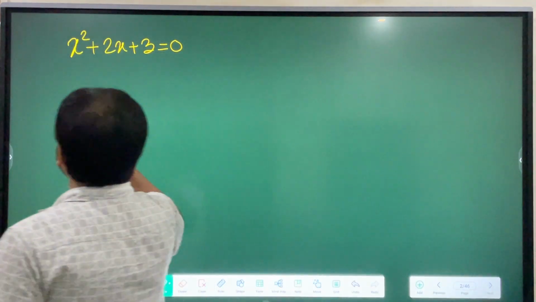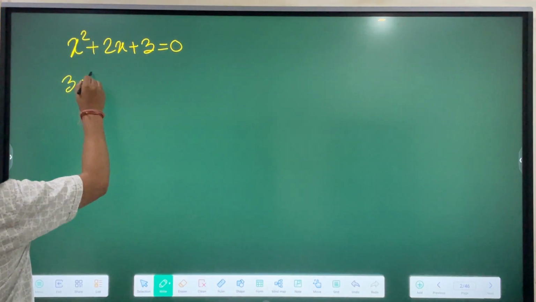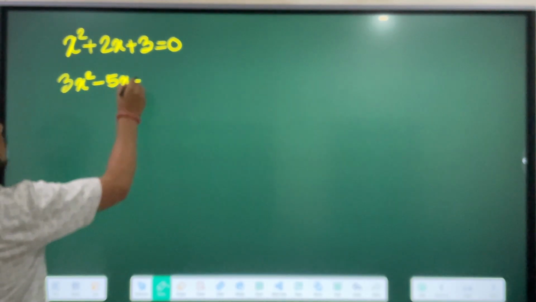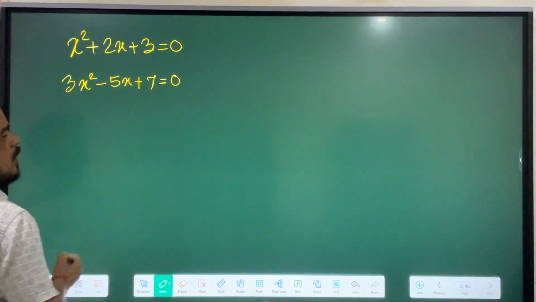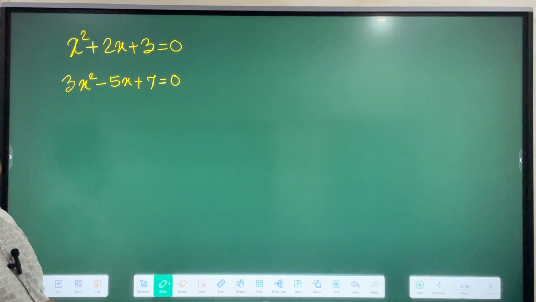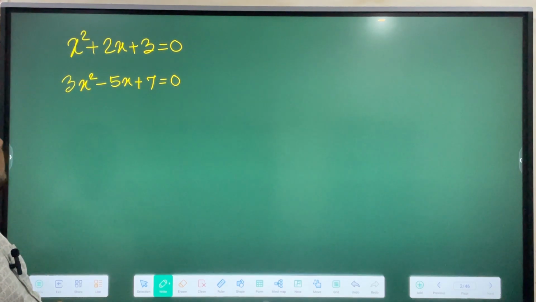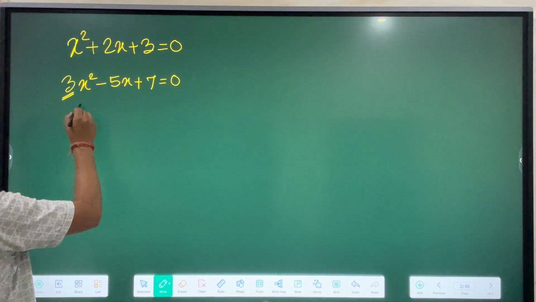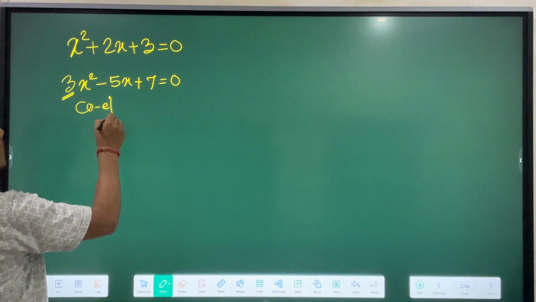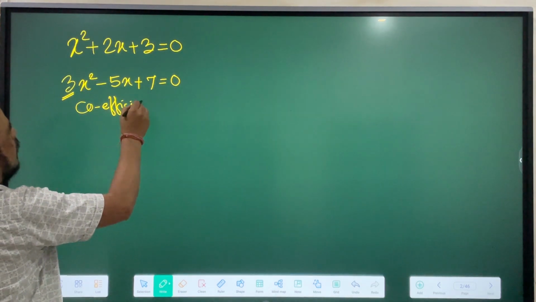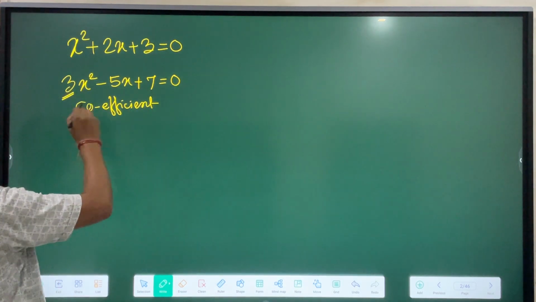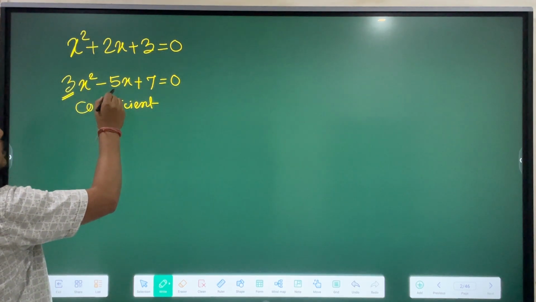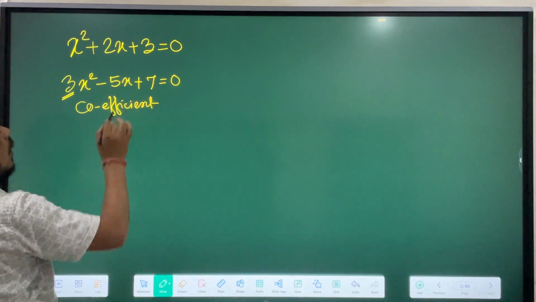One more example, suppose 3x square minus 5x plus 7 equals 0. This is also a quadratic equation. In this equation, 3 is called the coefficient of x square, minus 5 is called the coefficient of x, and 7 is the constant.